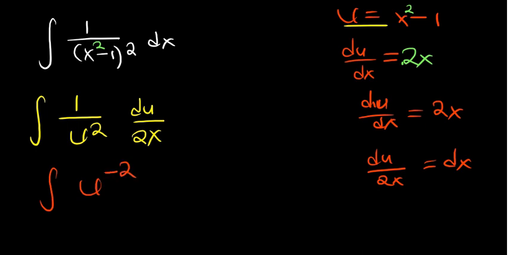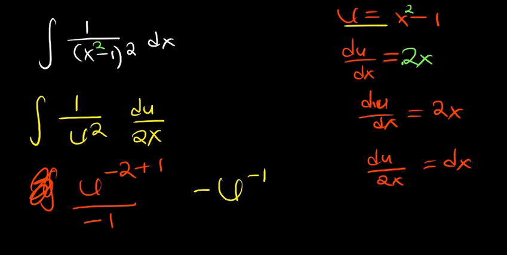And then of course do the same. What are you going to do? You're going to add 1, divide by the result, which is of course negative 2 plus 1 is going to give you negative 1. So this disappears at that very point. So you end up with something like u to the power negative 1 divided by negative 1, so it's that.